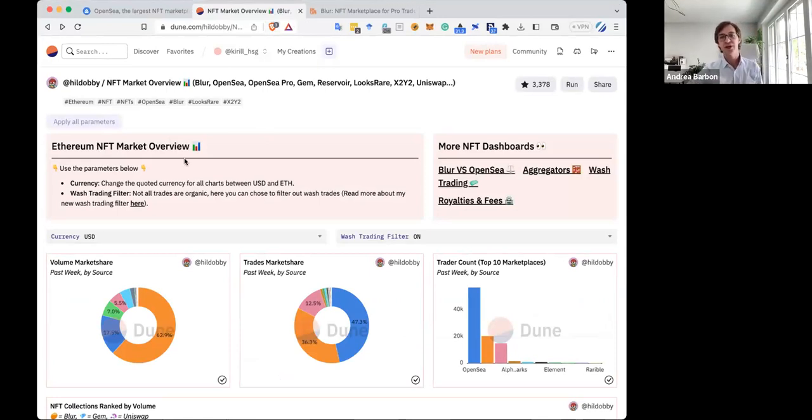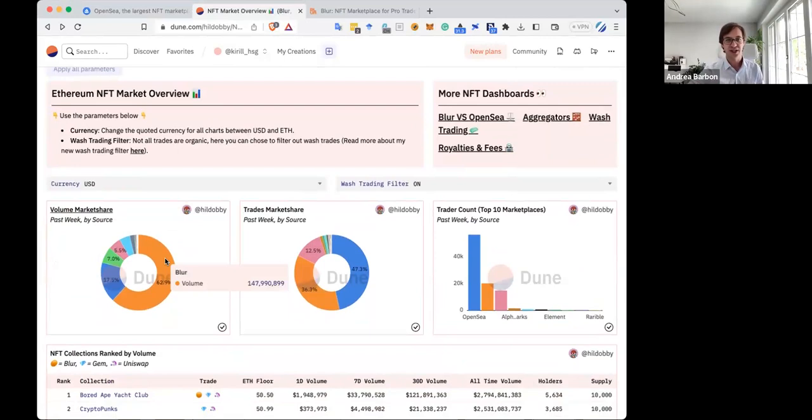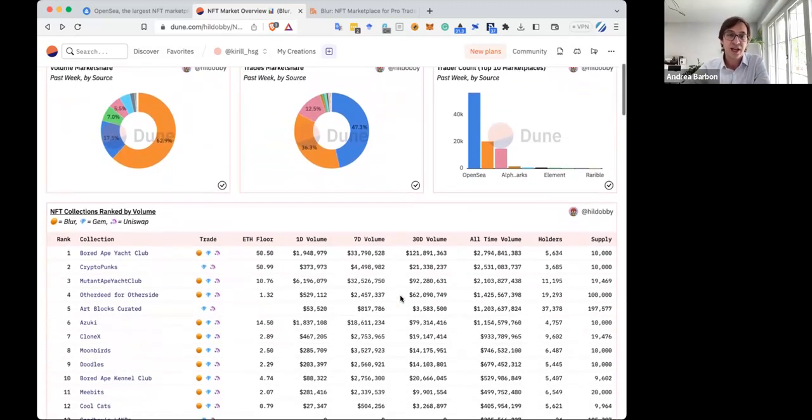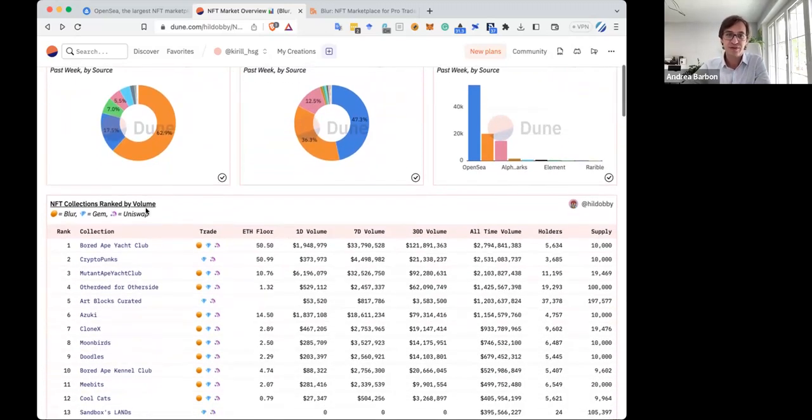Here you have a bunch of statistics like volume by different exchanges, or the number of traders for different NFT exchanges. Then you have the top NFT collections ranked by volume. You can see that apparently the most famous one is the Bored Ape Yacht Club collection, and the floor price is 50 Ethereum. So if you want to buy one of those Bored Apes, you need to pay at least 50 Ethereum.